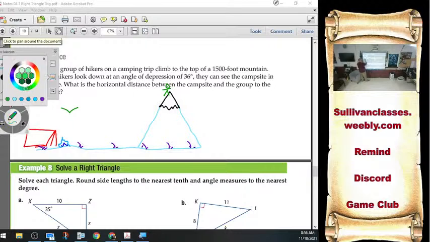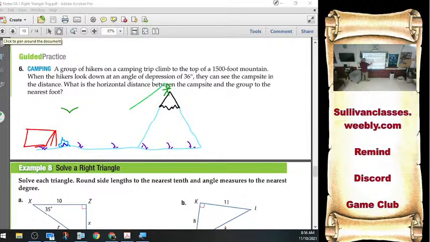All right, so anyway, you have a triangle. The triangle says, again, if the angle of depression is 36, then the angle of elevation is also 36.